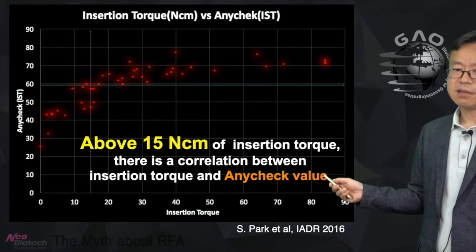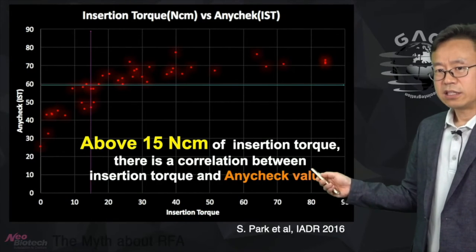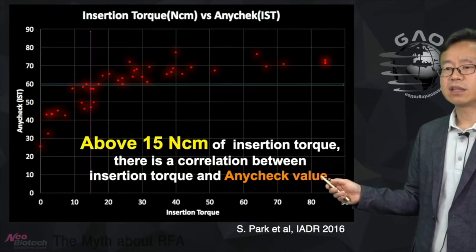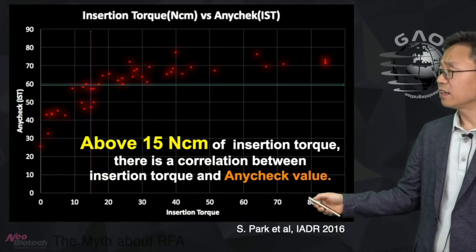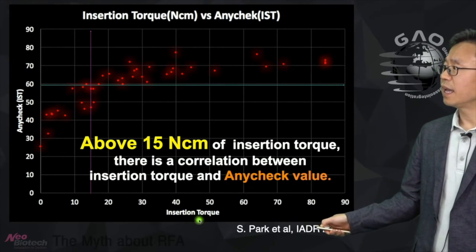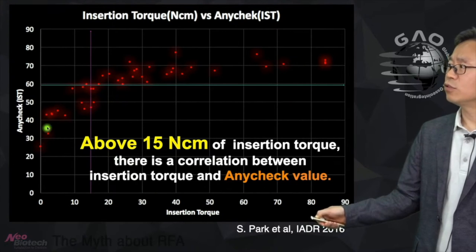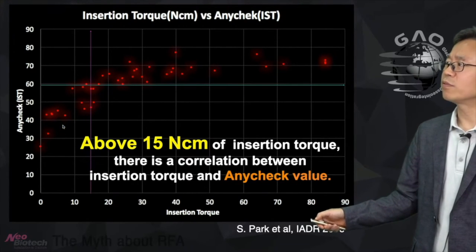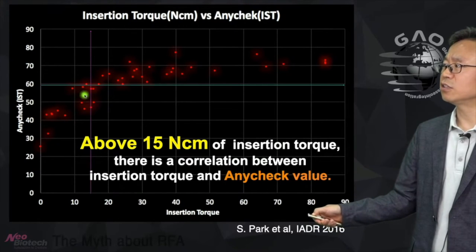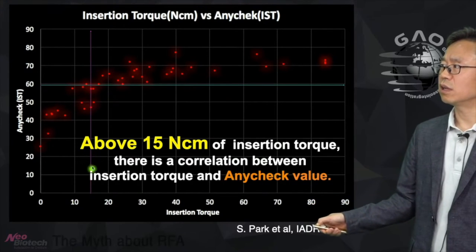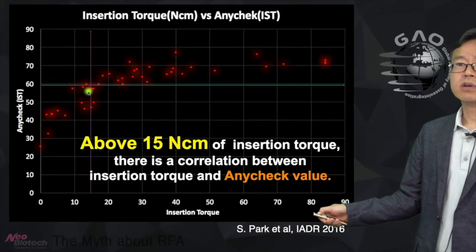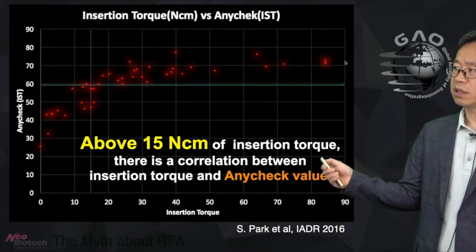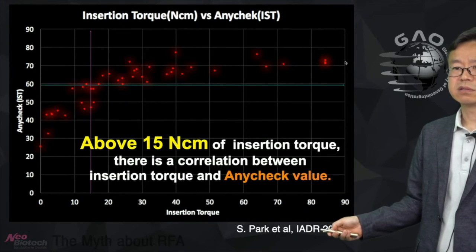Based on his study with AnyCheck first, there was a correlation between insertion torque and AnyCheck value when the insertion torque value was above 15 Newton centimeters, right here. It was almost linearly correlated between these 2 parameters.